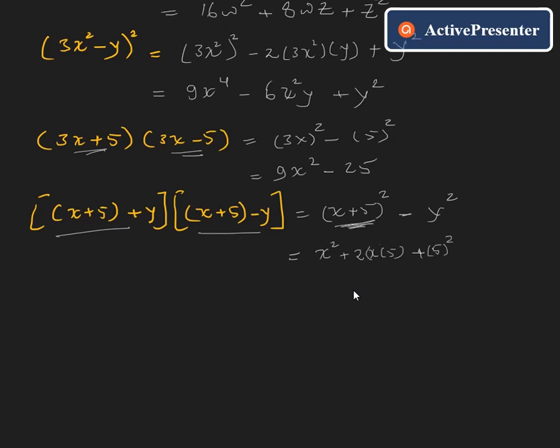Okay, and this minus y squared will go down, so it is minus y squared. So it is equal to x squared, 2 multiplied in x multiplied in 5 should be plus 10x, plus 5 squared is 25, minus y squared. So we are done.